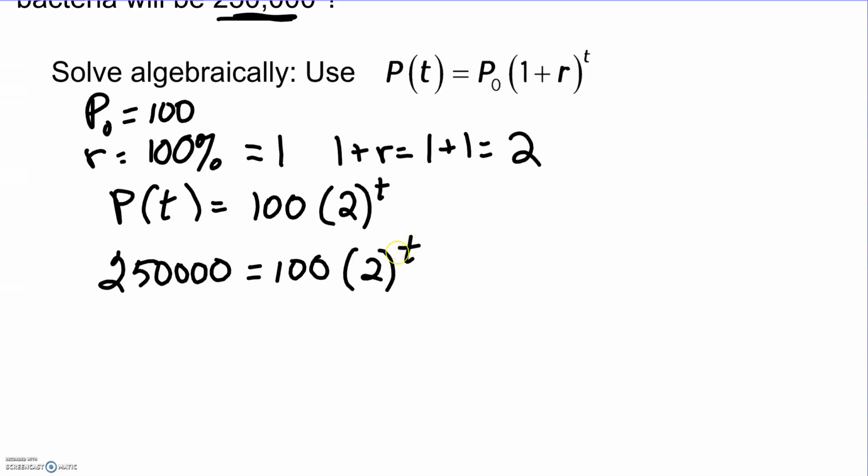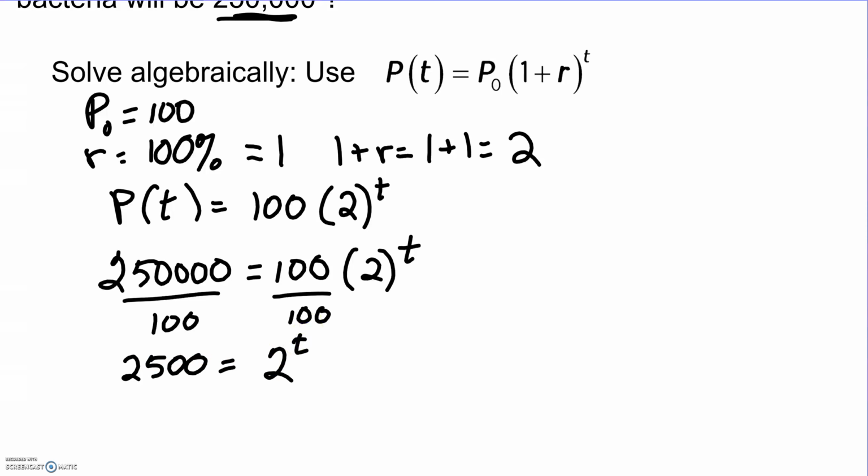To solve for t here, the first thing we're going to have to do is divide both sides by 100. That gives us 2,500 equals 2 to the t.